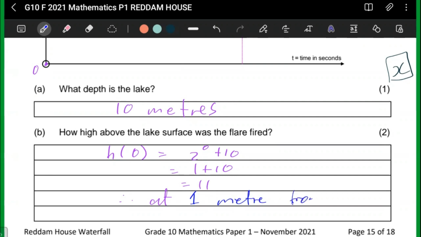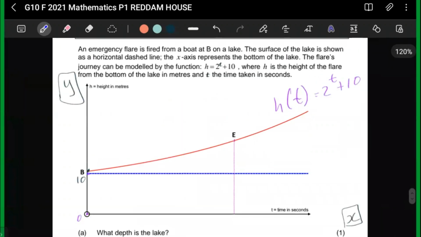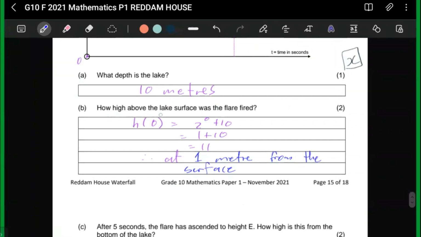This is why with these kinds of questions, you just have to be careful, because our equation gives us the height from the bottom. So if our height from the bottom is 11, it means from the surface itself, it's just 1, which is what they're asking. How high above the lake surface was the flare fired? It was just fired 1 meter above the lake surface. So let's keep things moving.